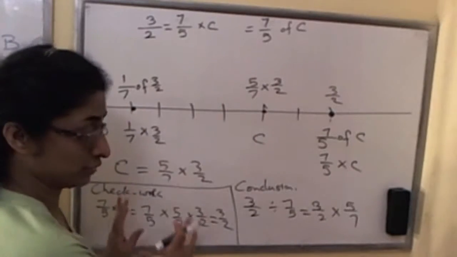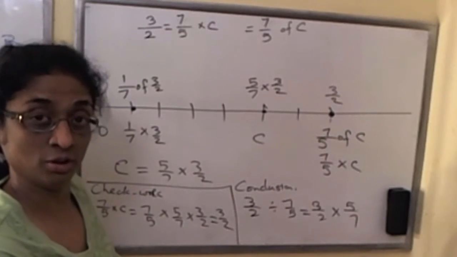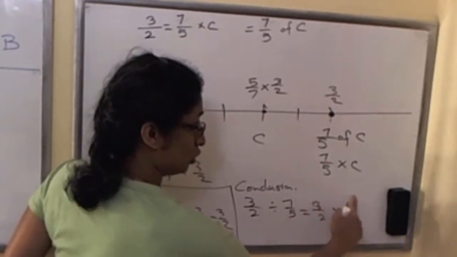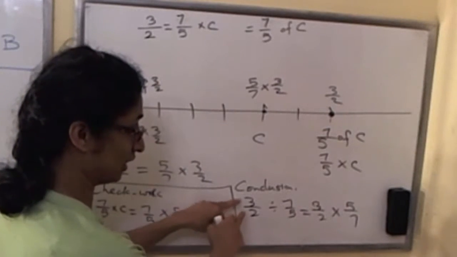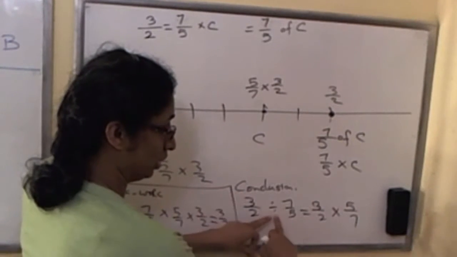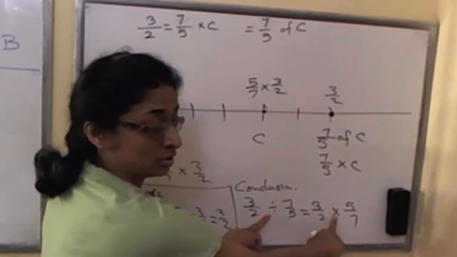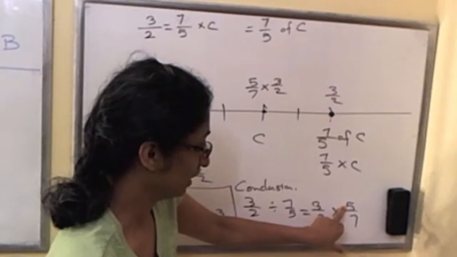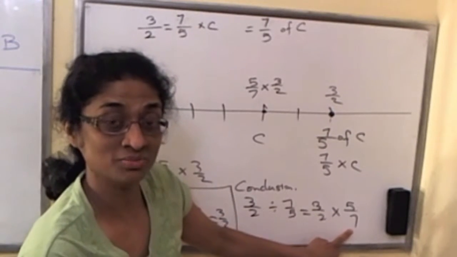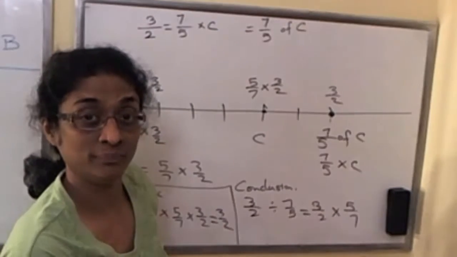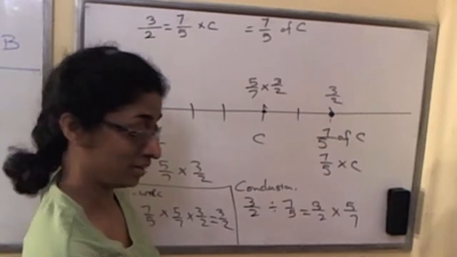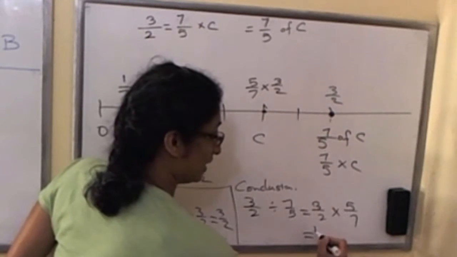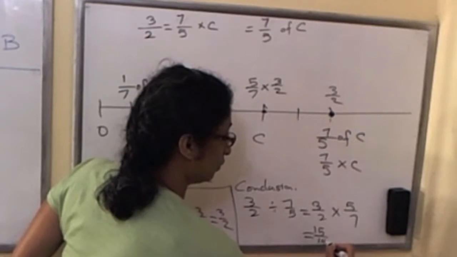We did use all of this logic, the definition of division of fractions and so on, to obtain this answer. But notice the connection: 3 over 2, 3 over 2. The division sign gets turned into a times sign. 7 over 5, we invert it and write it as 5 over 7. So sometimes this rule is called, informally, invert and multiply. We get the answer of 15 over 14.